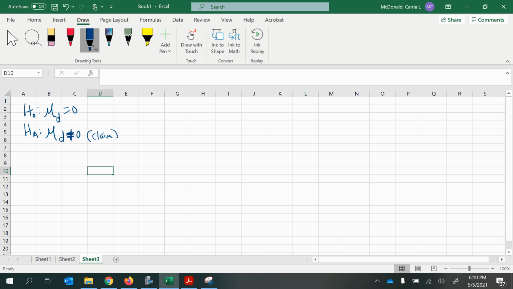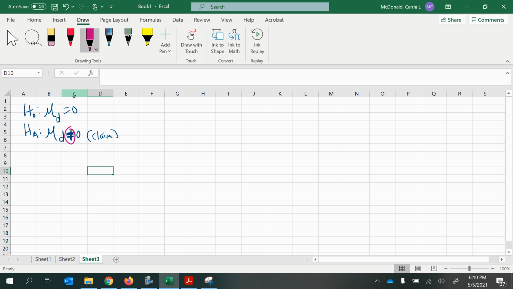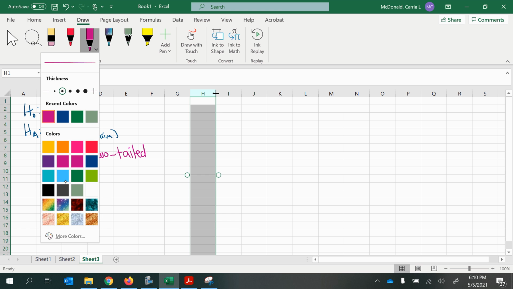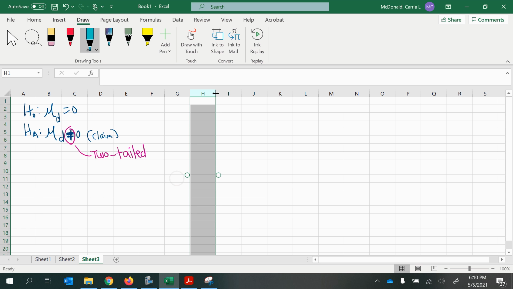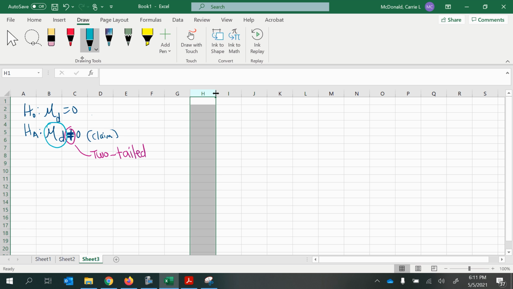And this symbol tells us it's two-tailed. And again, because we are doing a claim about a mean where sigma is unknown, or because it's paired data, that's another way you can remember, paired data tests are always t-tests, right?